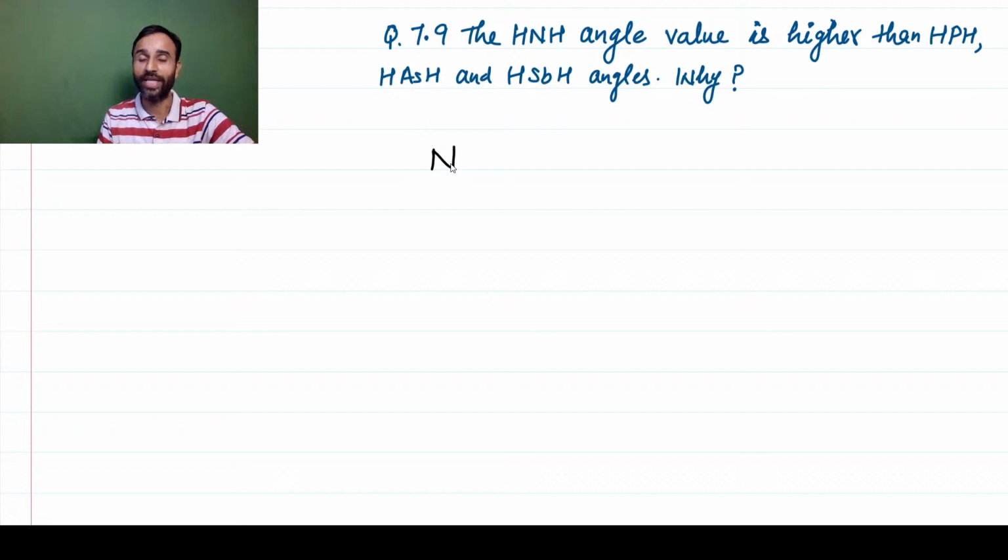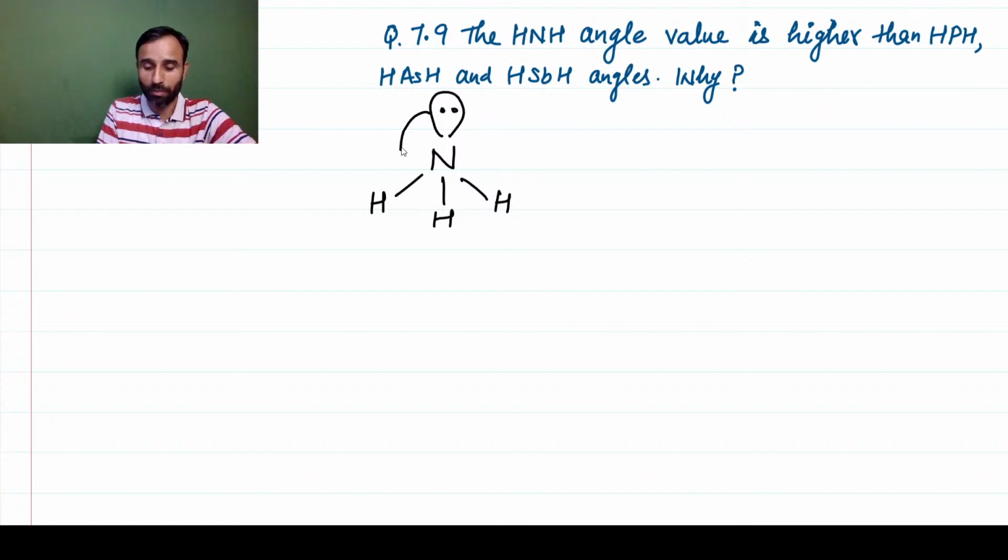You know, in NH3, there are 3 bond pairs and 1 lone pair. This lone pair repels the bond pairs. And you know, according to VSEPR theory, lone pair-bond pair repulsion is greater than bond pair-bond pair repulsion.